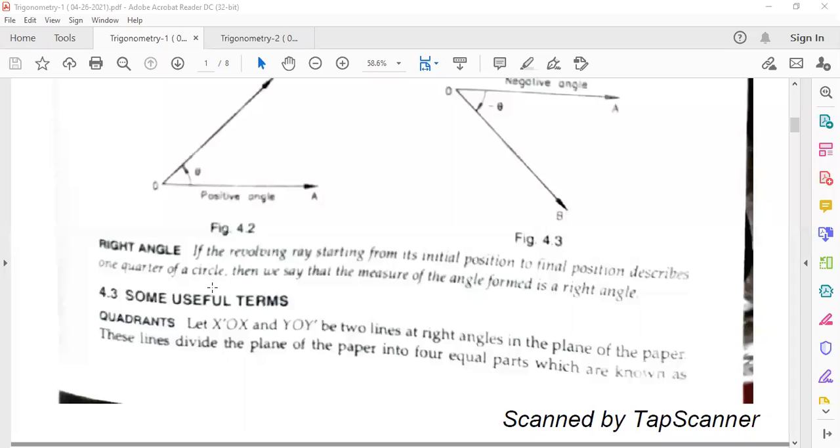So 1/4 of 360 degrees is 90 degrees, that is a right angle. If the revolving ray starting from its initial position to final position describes 1/4 of a circle, then we say that the measurement of the angle formed is a right angle.